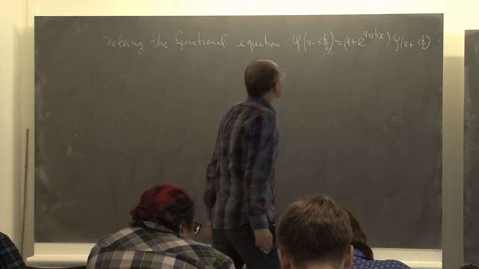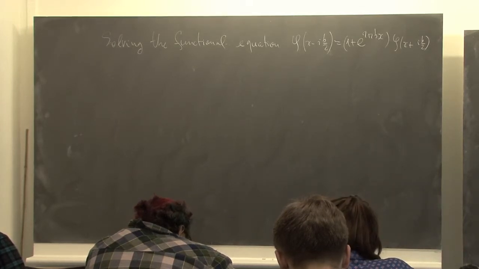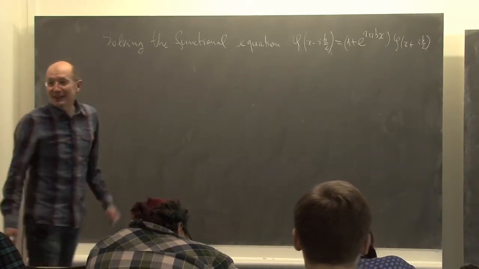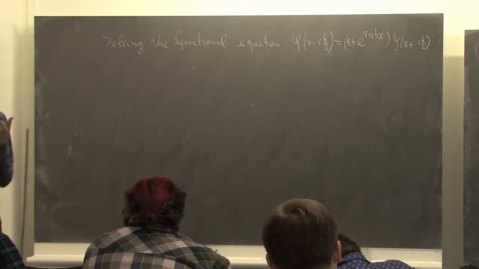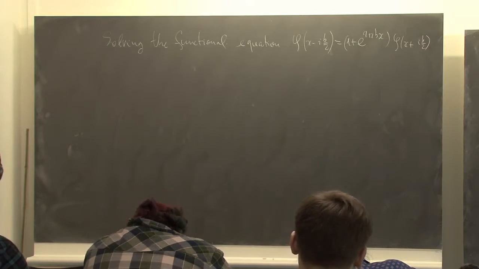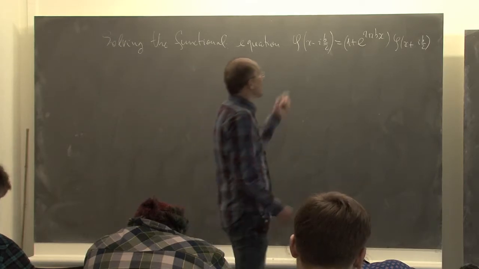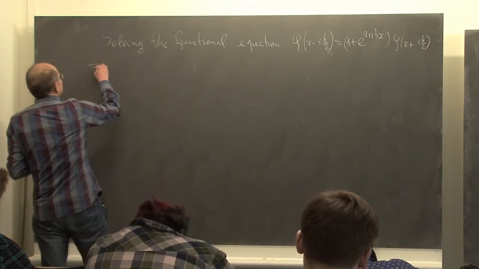So what do we do? It's already linear, but we can make it even more linear, whatever it means. Here it satisfies a homogeneous linear equation. But we can make it an inhomogeneous linear equation easily by applying the logarithm to both sides. Right?